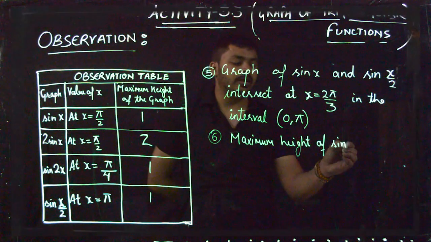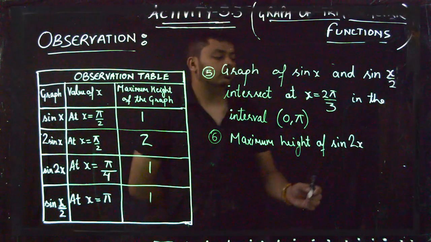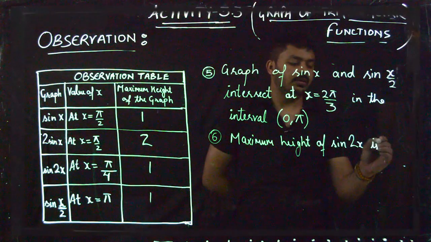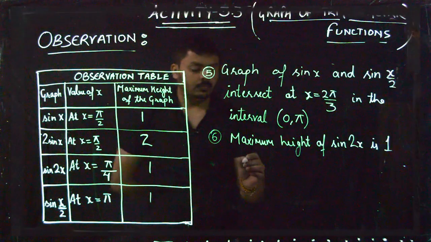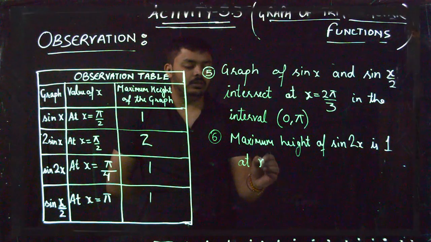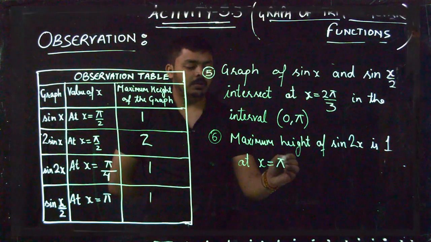So the maximum height of sin 2x is 1 at x equals to pi by 4.